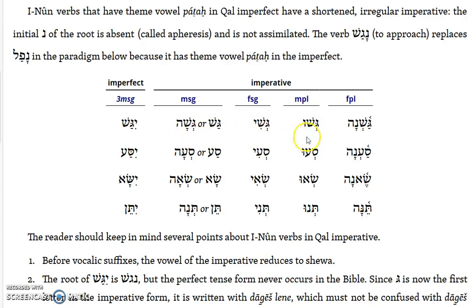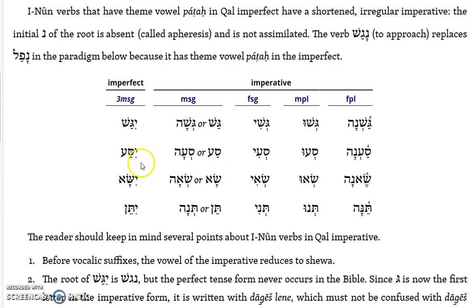And all these forms would be parallel with the second person imperfects in the masculine singular, masculine plural, feminine plural, and dropping the tavs. And once you do that, you get the imperatival form. And where there would have been a doubling, the doubling goes away.